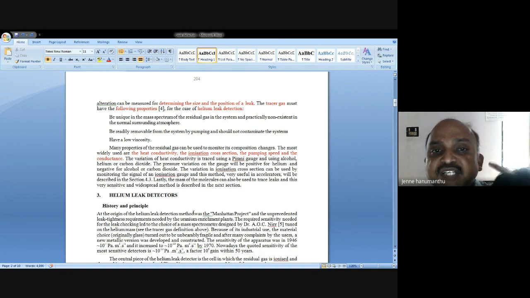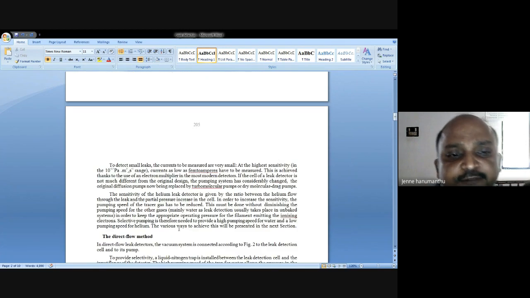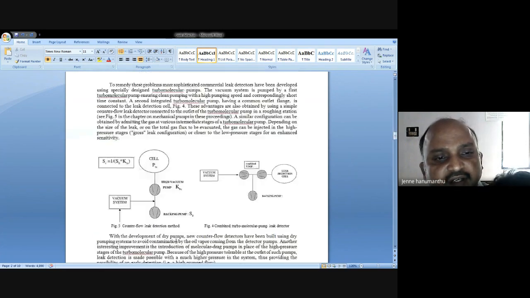If no changes occur, there is no leakage. If changes occur for a particular gas, that means a leak is present in that gas. Okay, these are some techniques available for detecting leaks.